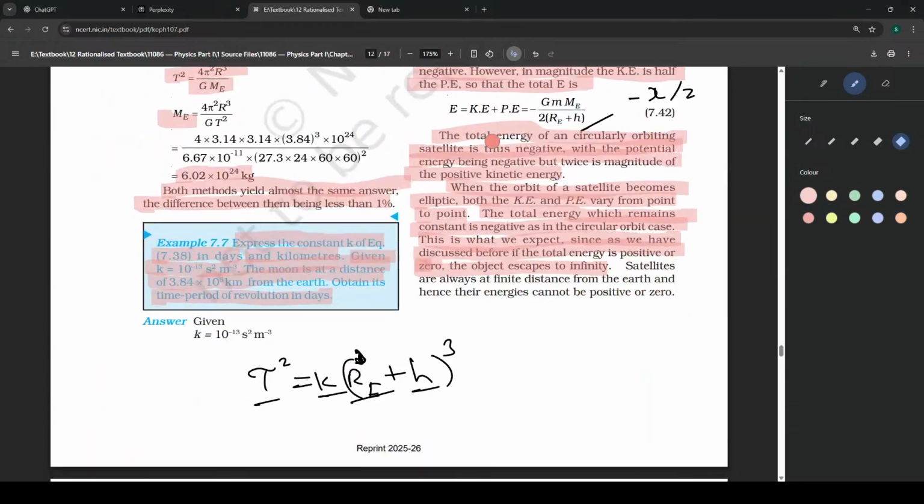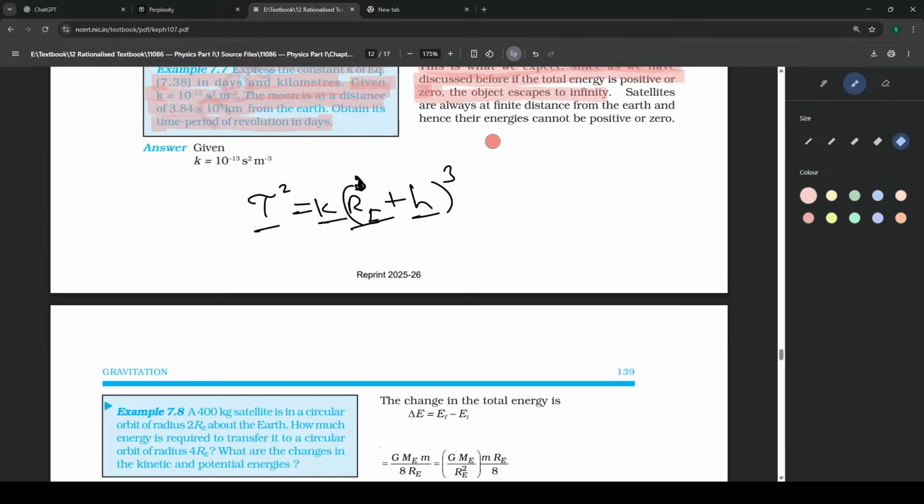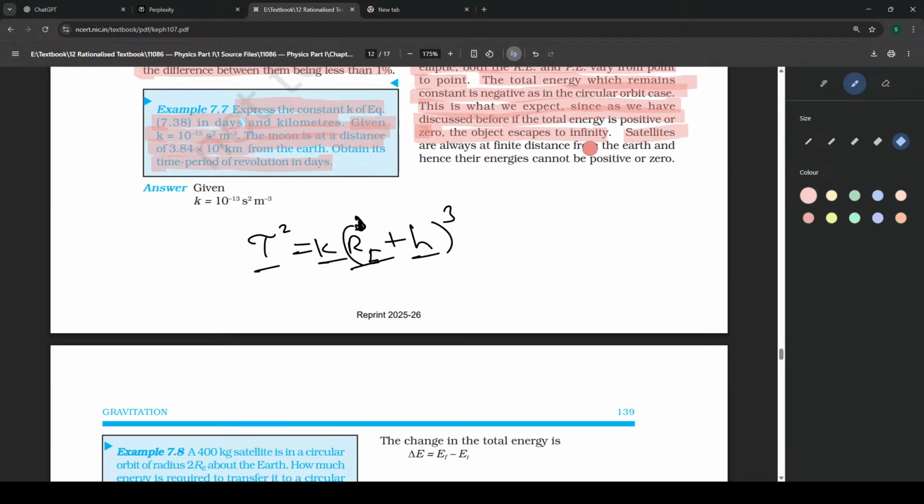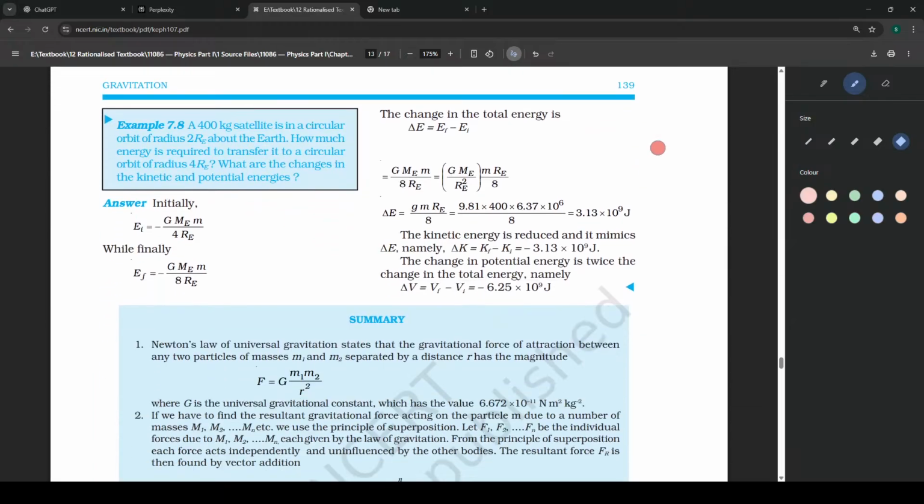Okay, then let's go back. Satellites are always at finite distance from the Earth, and hence their energies cannot be positive or zero.